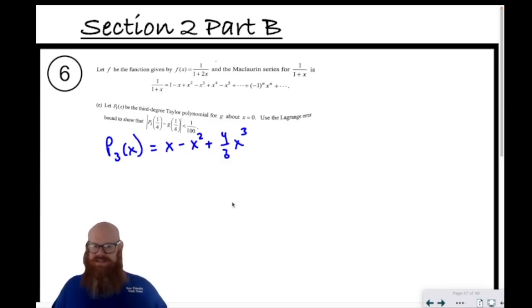The error bound is the first unused term. So if we kept going, we figured out that the next term will be -2x to the fourth, and it's the absolute value of that.